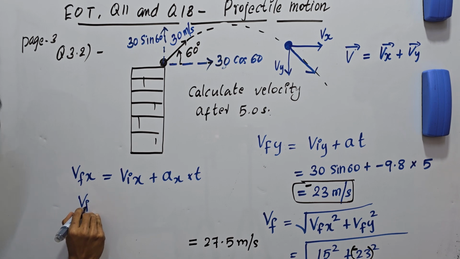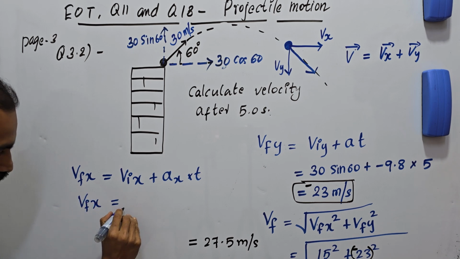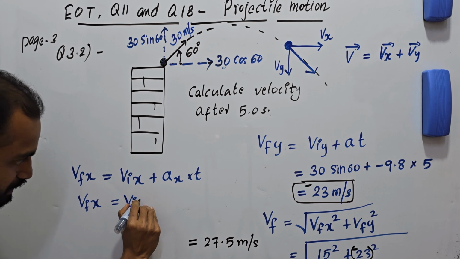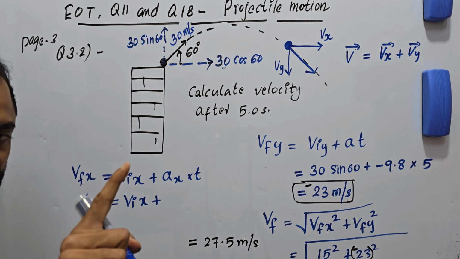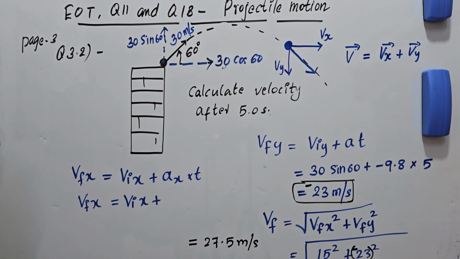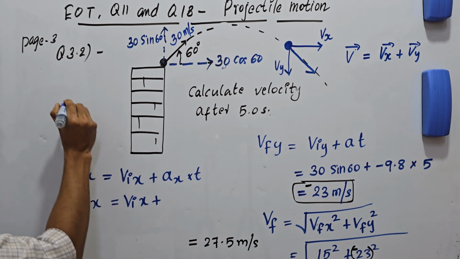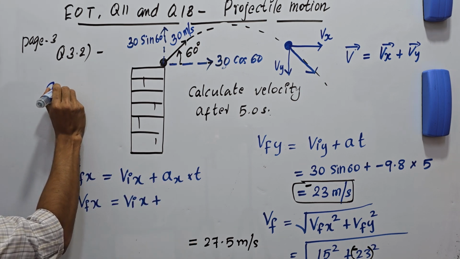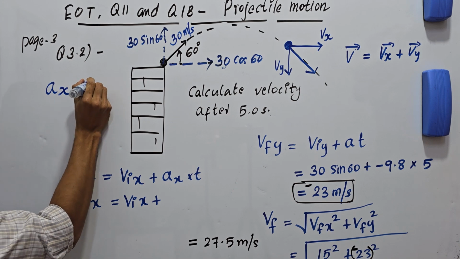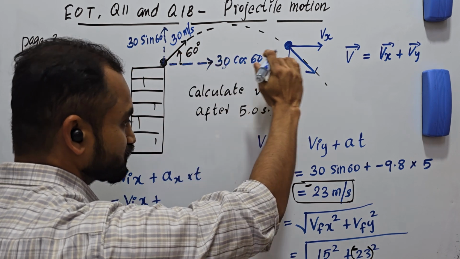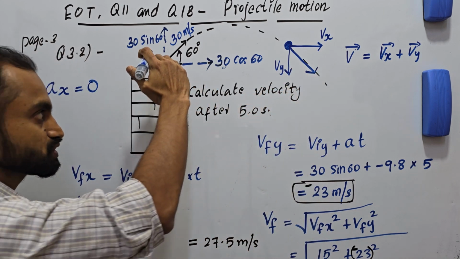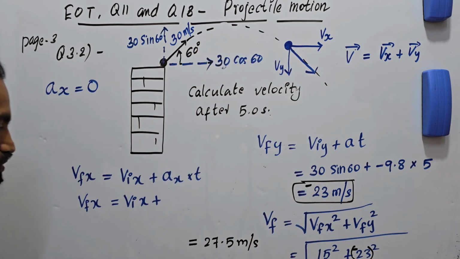V final along the x direction is equal to V initial along the x direction plus what is the acceleration along the x direction? Acceleration of a projectile along the x direction is equal to 0, because horizontal velocity, that is velocity along the x direction, is always constant.